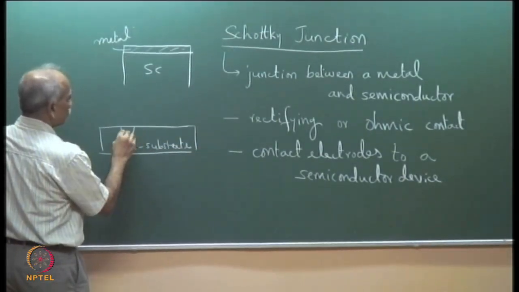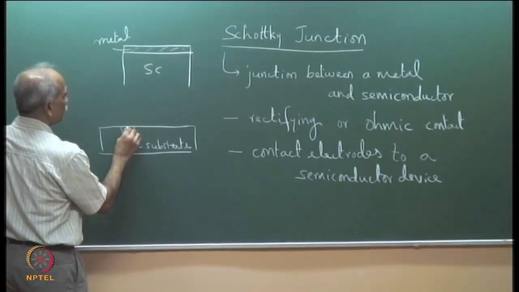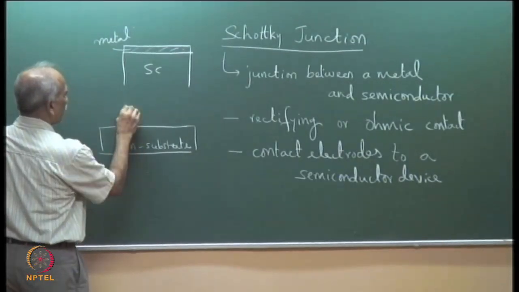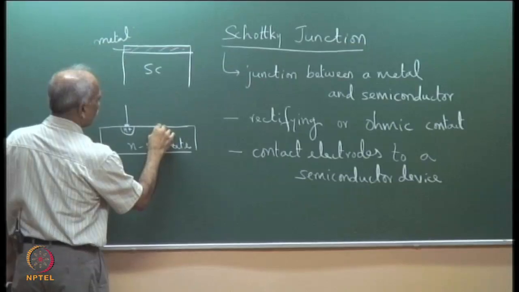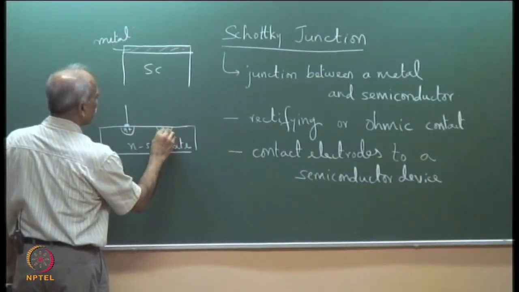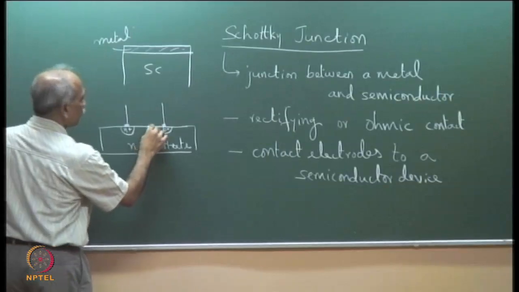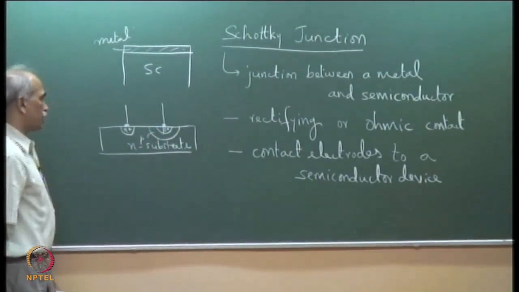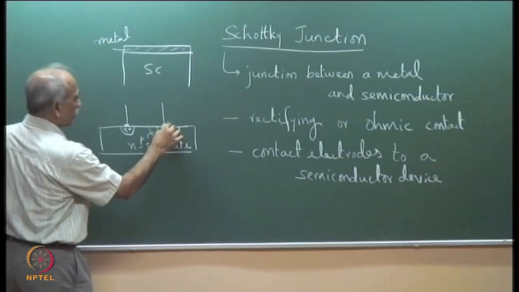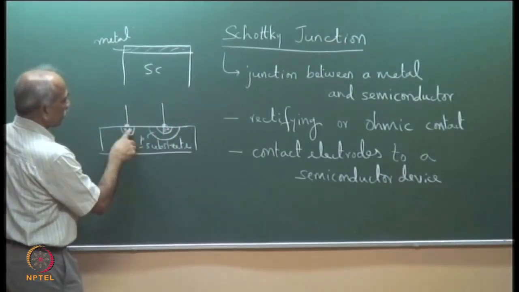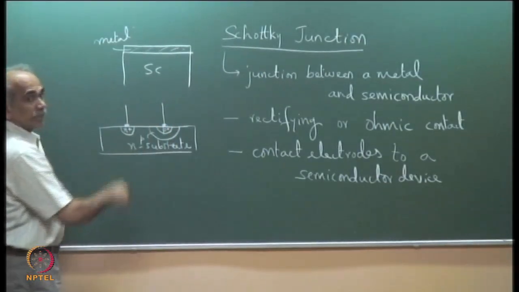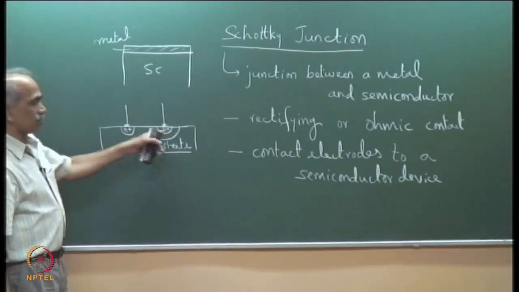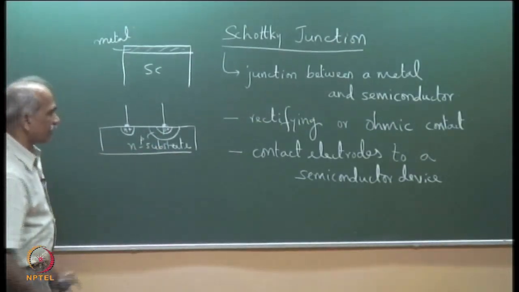So, you do N plus diffusion here and then a metal, and you can have P plus diffusion. Normally, in an N substrate you diffuse first P, and then near the contact you have either P plus or N plus. Why is this? We will see from the characteristics.